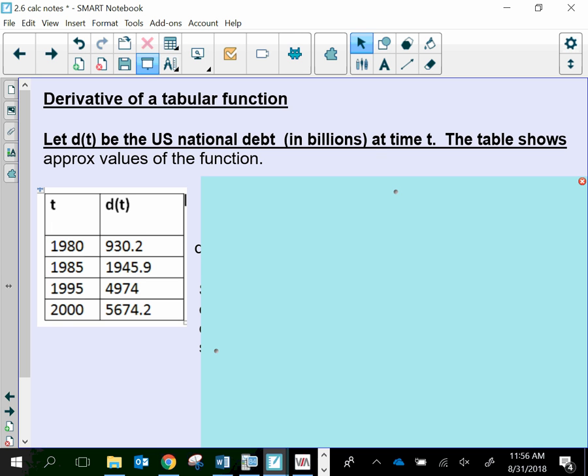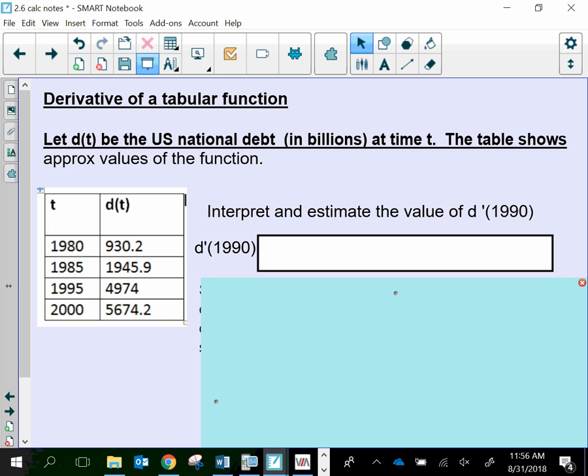Now, sometimes a sketch is helpful, sometimes it isn't, but let's look at what D prime of 1990 might mean. Interpret. That means, what in the world does that mean? Interpret D prime at 1990. So, we know D prime is the rate of change.